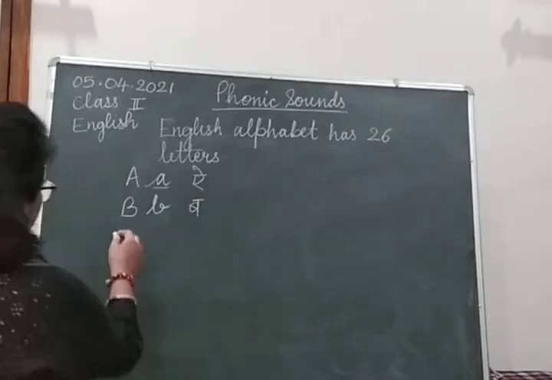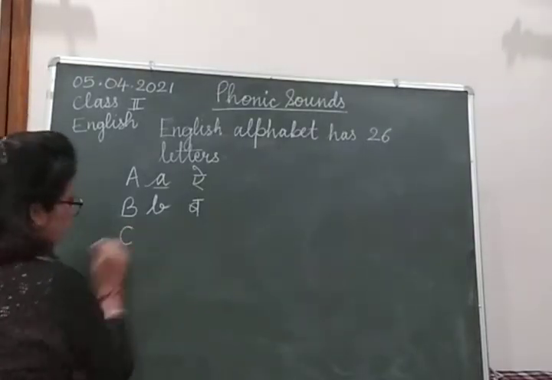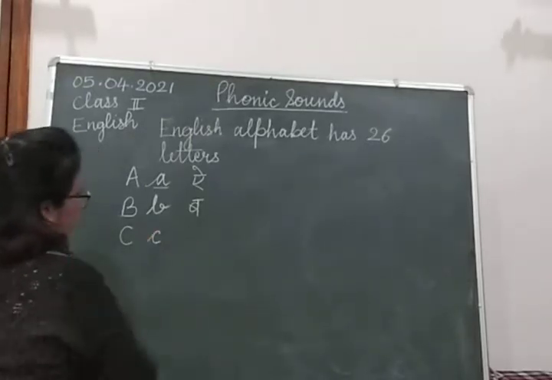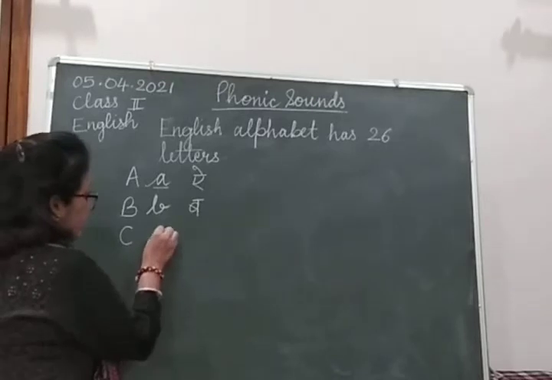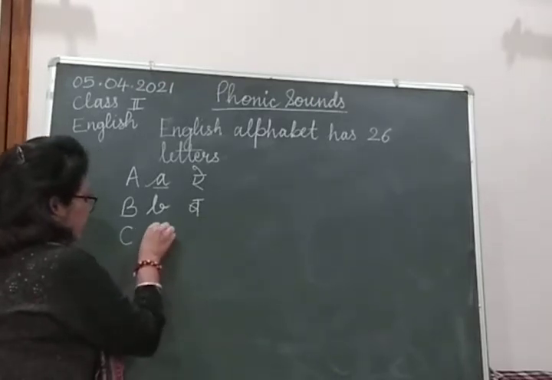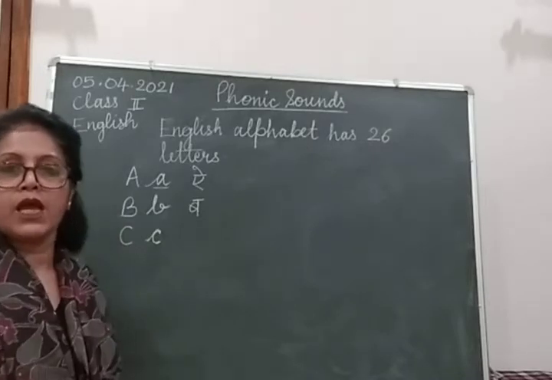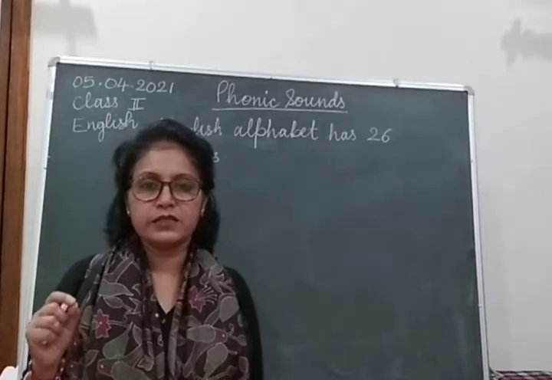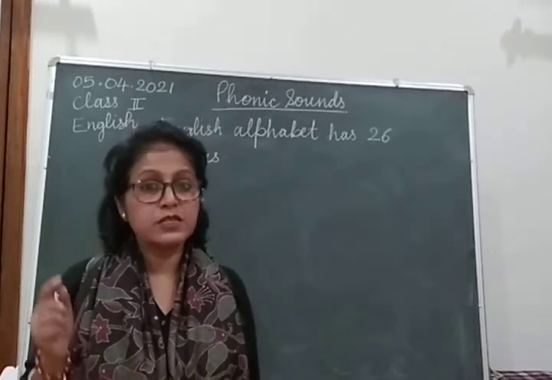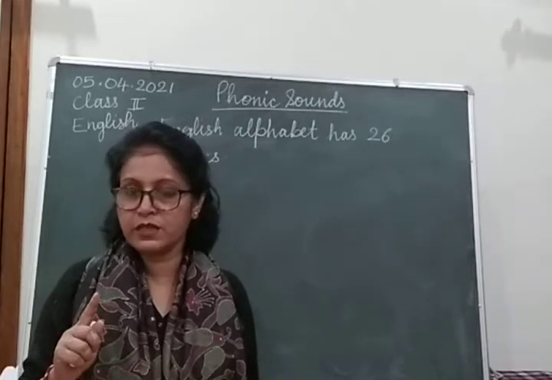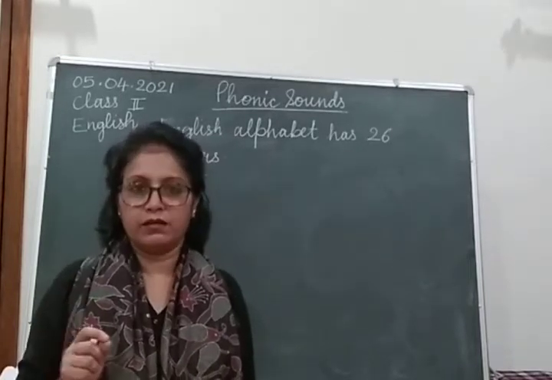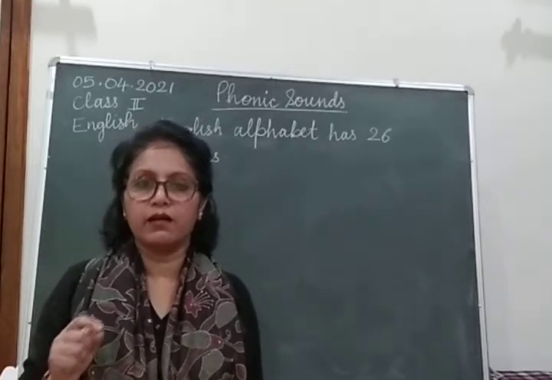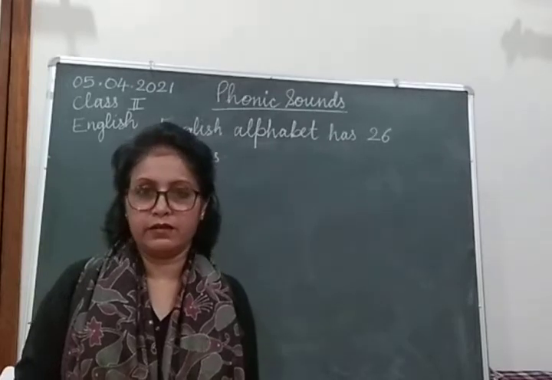Third letter is C, and we write it like this in cursive form. Okay? So, the sound of this letter C is not S, it is K. Sound of letter C is k.